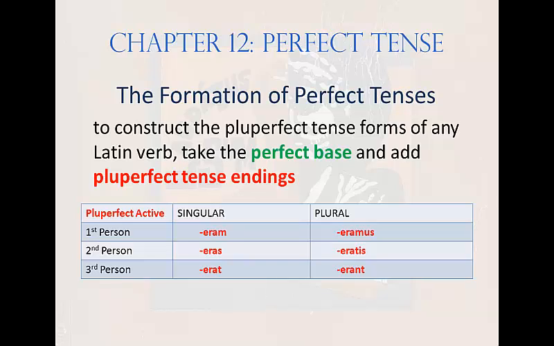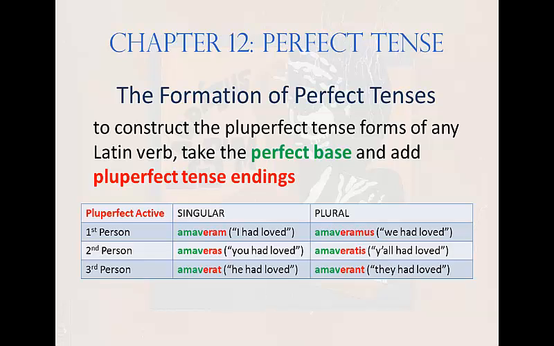This is the imperfect of the verb to be, here used as an ending in the perfect system, creating a finite pluperfect verb, like amaveram, amaveras, amaverat, and so on. These translate as I had loved, you had loved, he, she, it had loved, and so on.